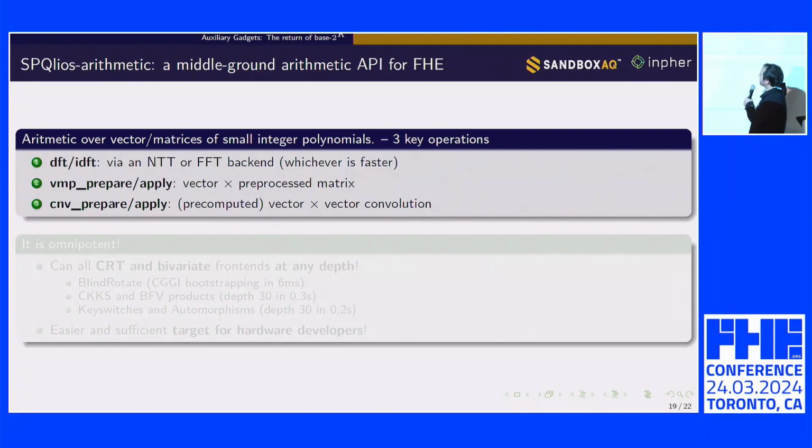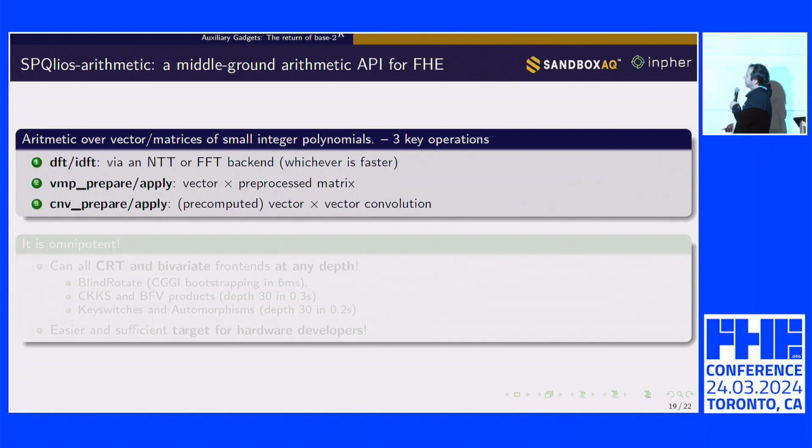One of the implications is basically an arithmetic API that covers all the operations.